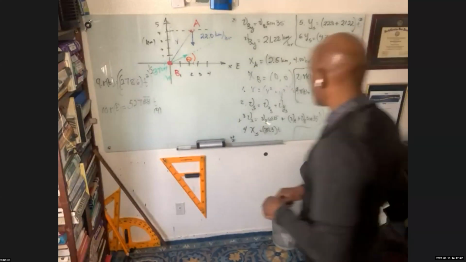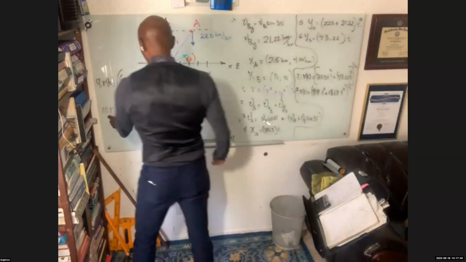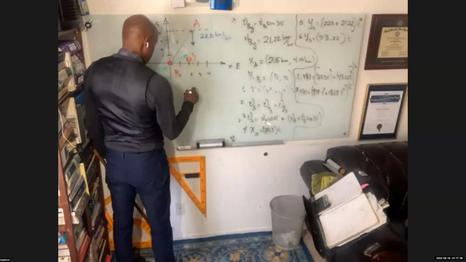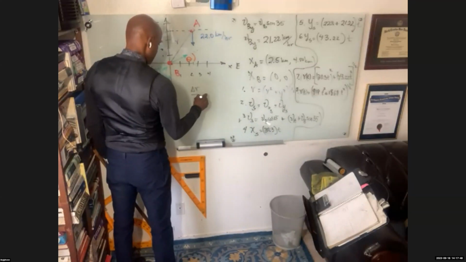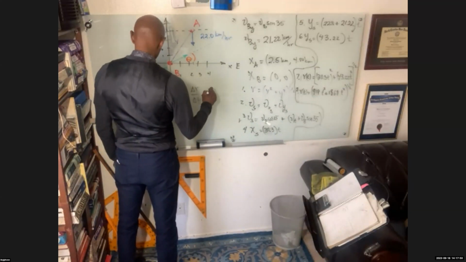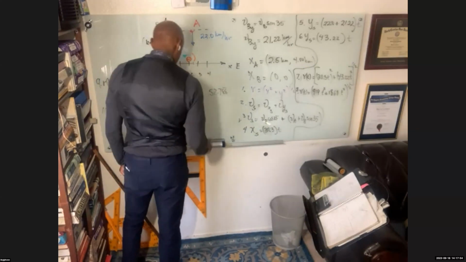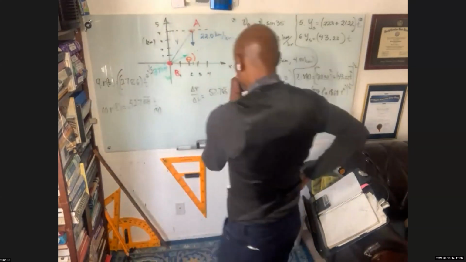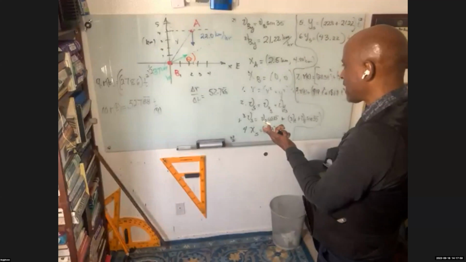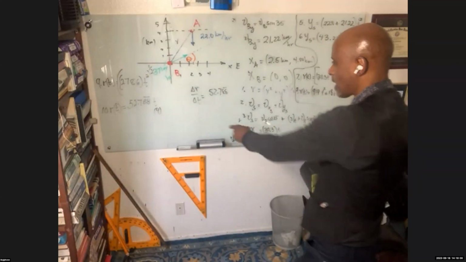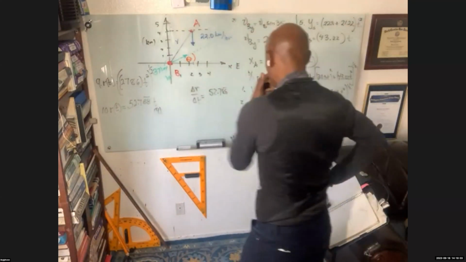Actually, because this is R, delta R over delta T is equal to a constant, basically, 52.788. And if I graph that function, it's just a line.